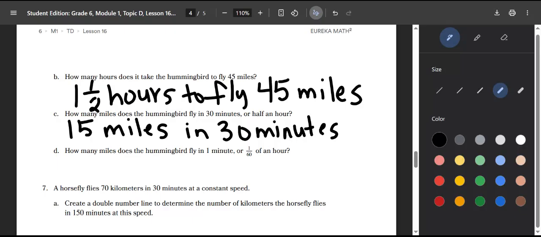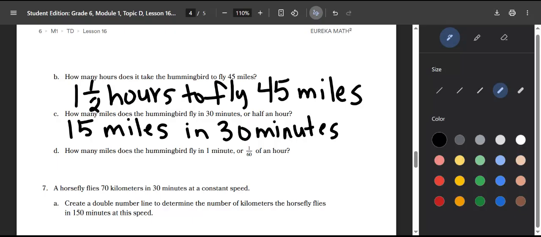All right, now D says, how many miles does the hummingbird fly in 1 minute or 1/60th of an hour? So to figure out 1 minute, we divide 1 by 60 and get 1/60th of an hour.